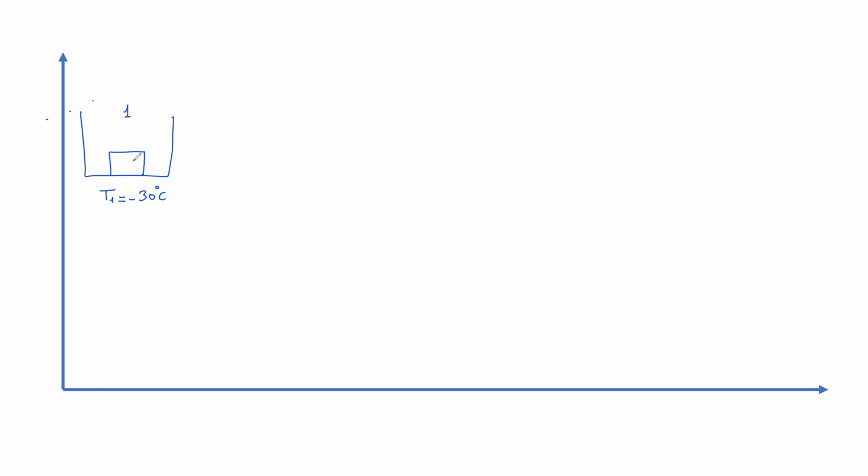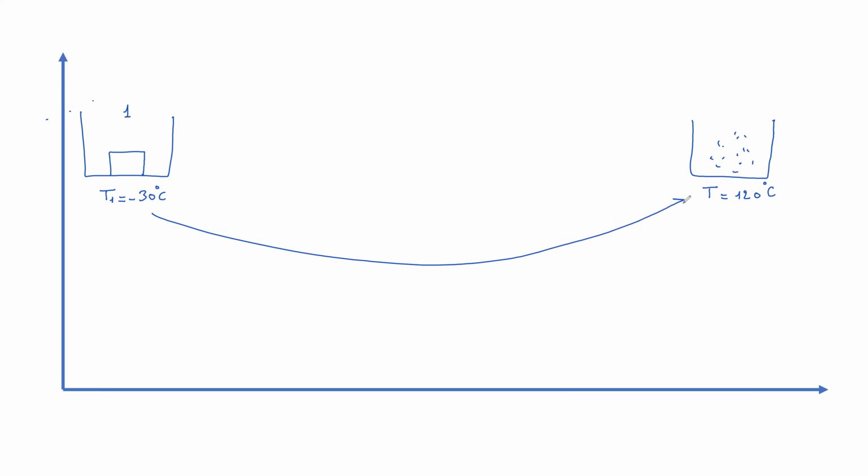So I want to pass to the final state, T final, with, let's say, here we have a steam vapor. The temperature equals 120 degrees. As I said before, we cannot pass directly from this one to this one because we have many cases to study.